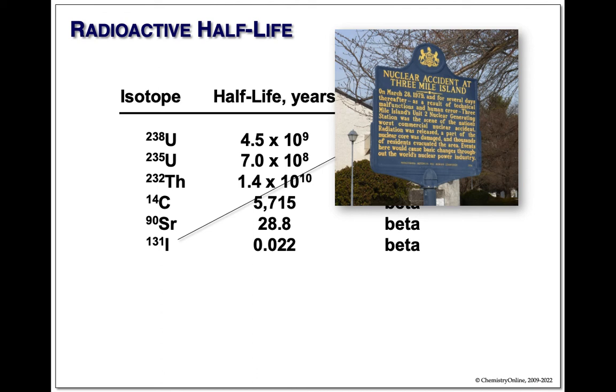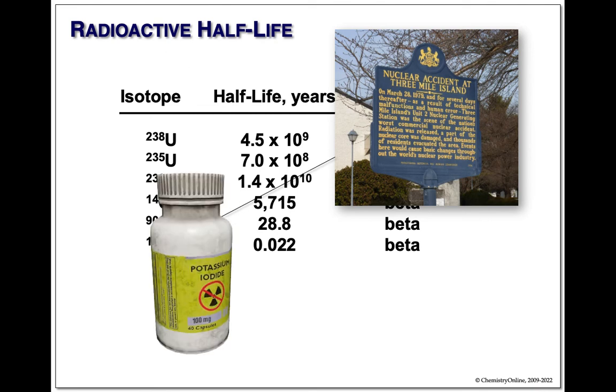Now, iodine is a bad thing because your body accumulates iodine to make thyroid hormone, so your thyroid gets very radioactive and you get thyroid cancer and die. Fortunately, you don't die because there's a simple fix. What they did when the plant melted down, they ran around and gave everybody potassium iodide pills. That loads your body with iodide, and you don't absorb from the cloud. So it works. Any questions?